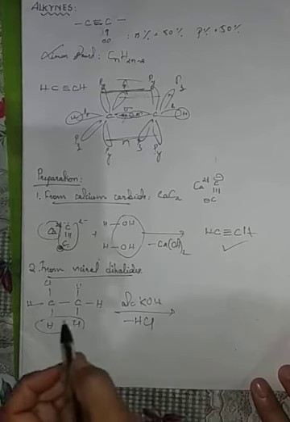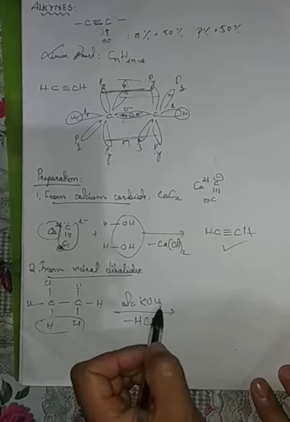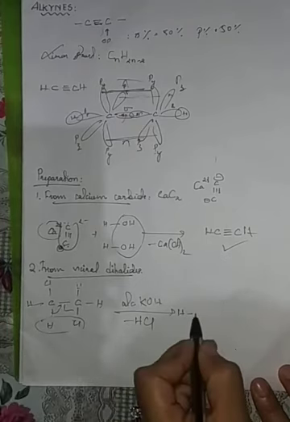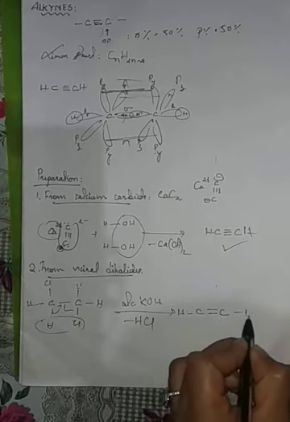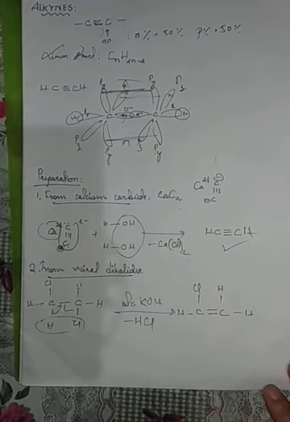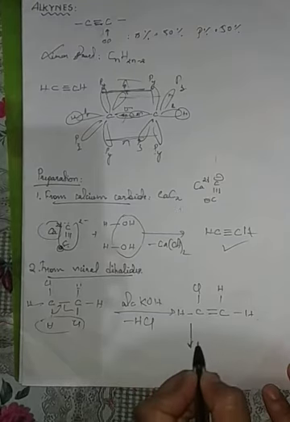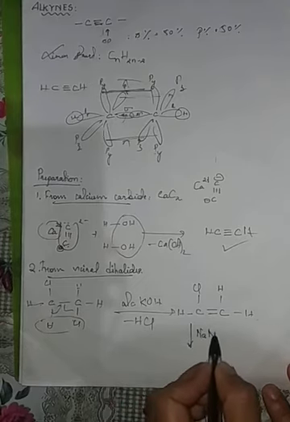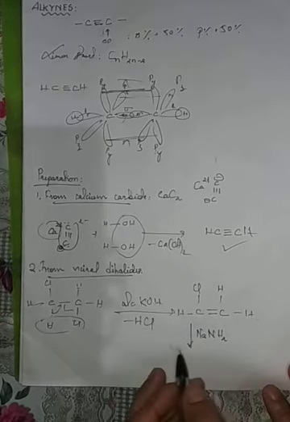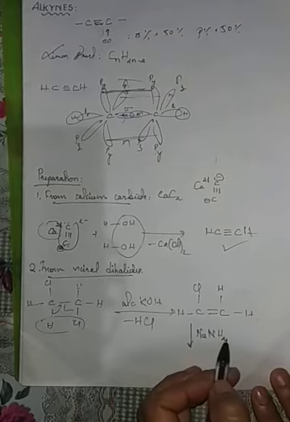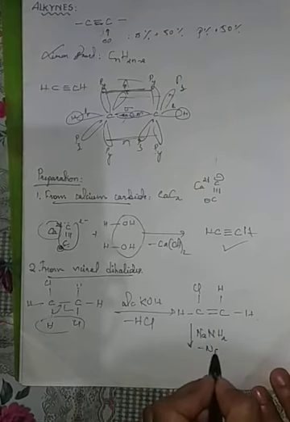If it reacts with alcoholic potassium hydroxide, we'll be getting a carbon-to-carbon double bond, with H, H, and one Cl remaining here. This is an alkene. The alkene then reacts with sodamide. If it reacts with sodamide, there is removal of NaCl along with ammonia.